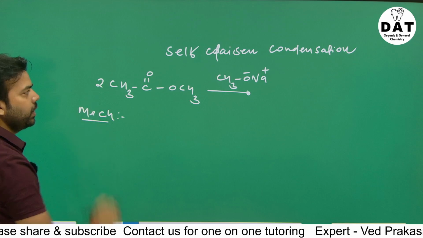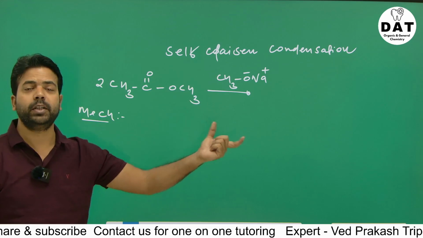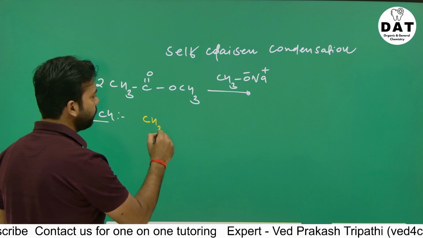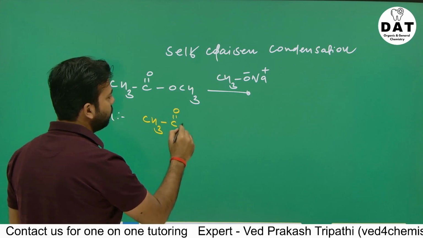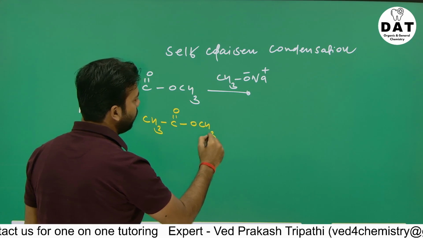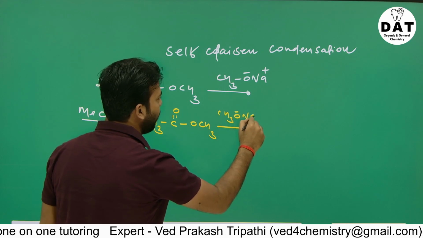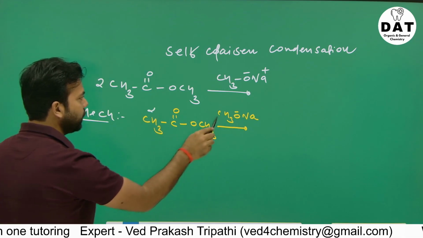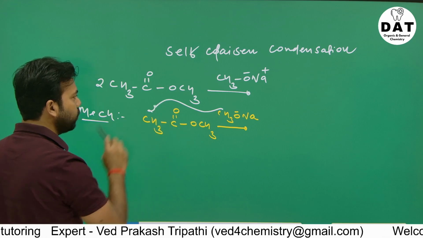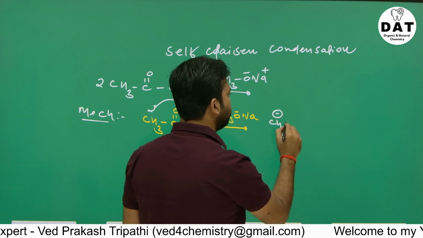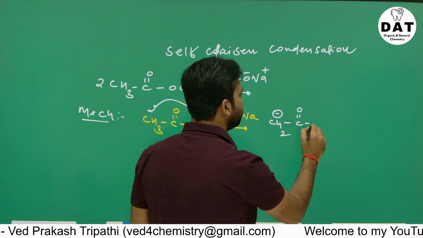If 2 is not given, only this is given, then it means it has 2 moles. Okay, so 1 mole is used to generate a nucleophile, because this base grabs this alpha H, which is very acidic. So it will grab this hydrogen. So here we have CH2 minus C double bond OCH3.